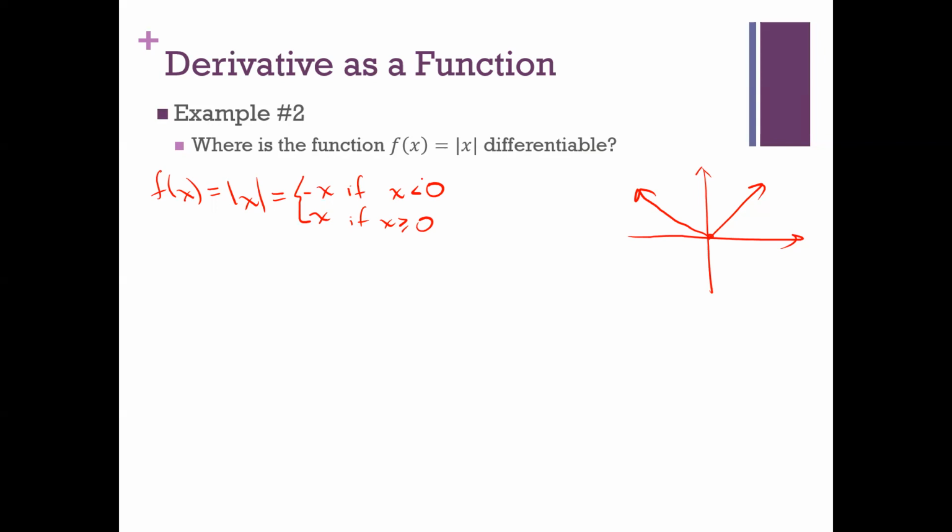We've talked about the derivative as the slope of the tangent line, right? So if we have numbers that are strictly positive, that function should be differentiable, because everything on the right of the y-axis is a straight line, and everything on the left of the y-axis is a straight line. So the only real problem is what happens at x equals 0. Let's see if we can figure that out.